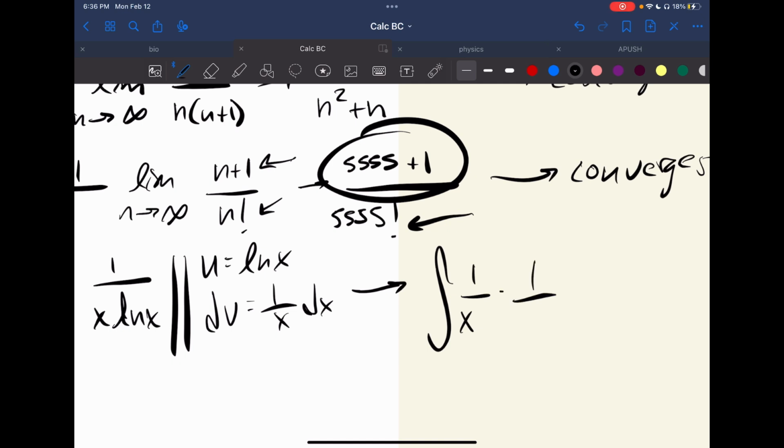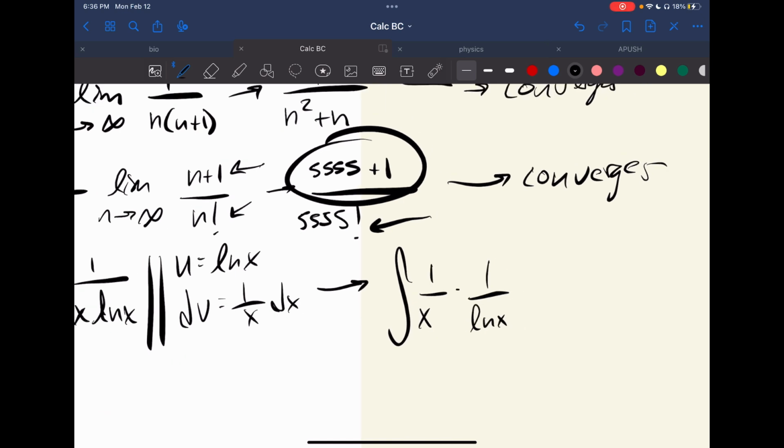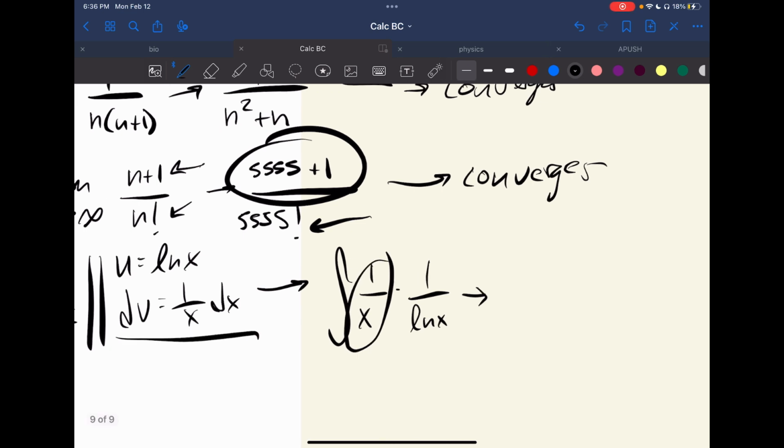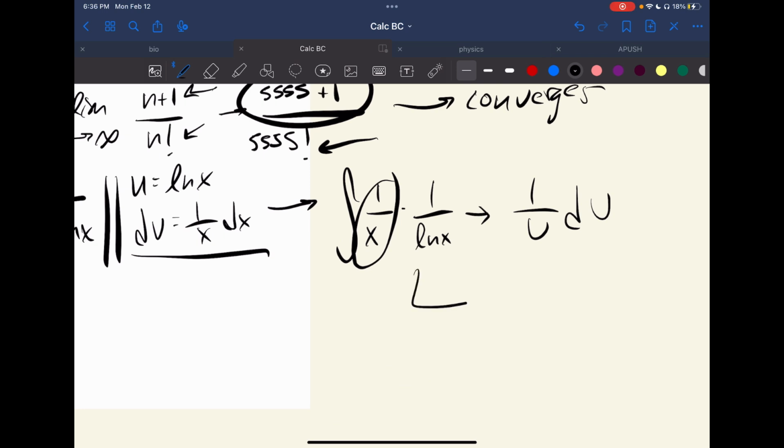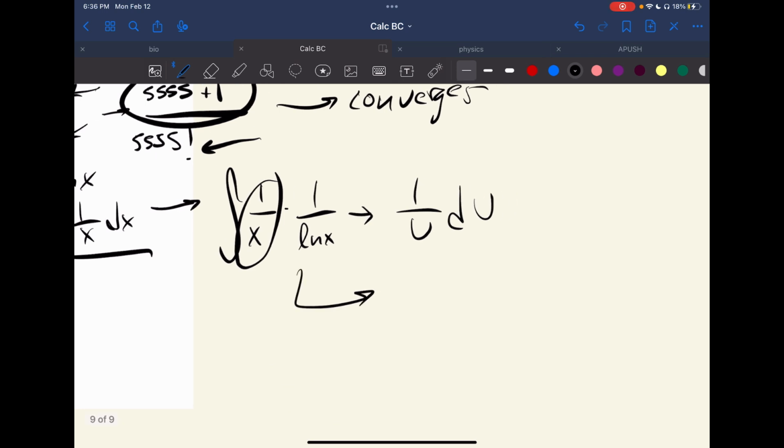When we do the u sub, the du has 1 over x in it, so it'll cancel out. Then all we have is 1 over u du. The integral of 1 over u is going to be natural log of u plus c.